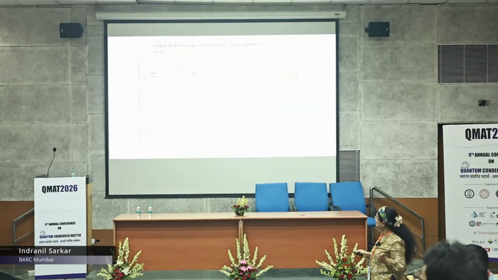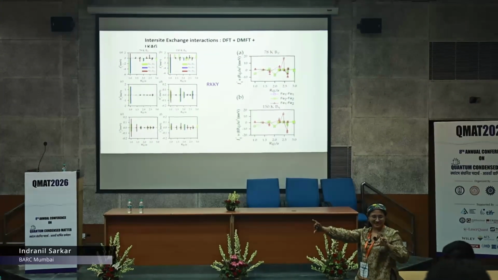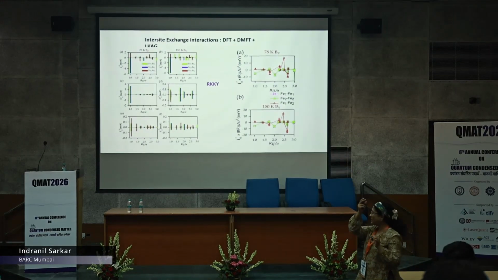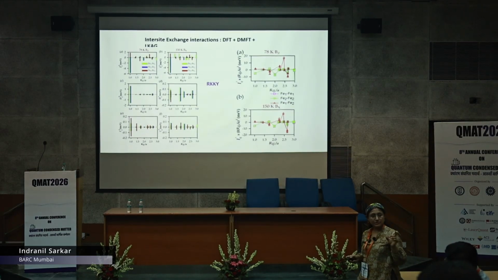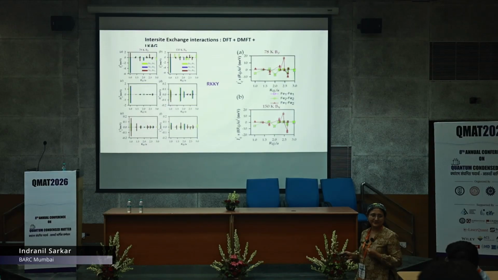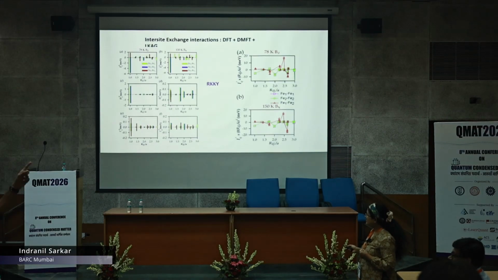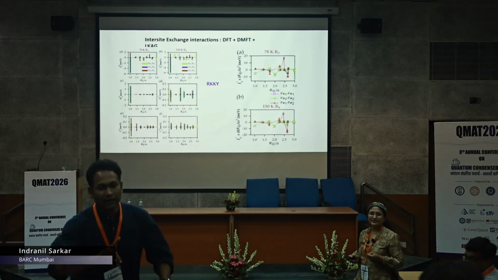Basically it is all within the quasi-two-dimensional stack, and when it goes beyond that, it becomes very small. And there is also a very significant amount of DM interaction here. If you look at the DM by J ratio, it is around 1 for some, and that is giving rise to chirality.